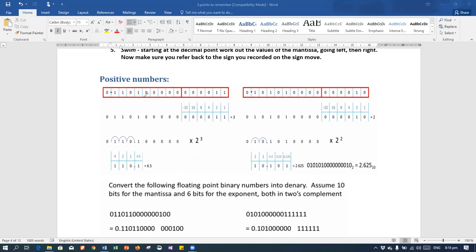First task is to convert a binary number to the denary number. In case of binary number, we always consider that we have got floating point decimal number. Floating point decimal number means that decimal would always be there between the first two bits.